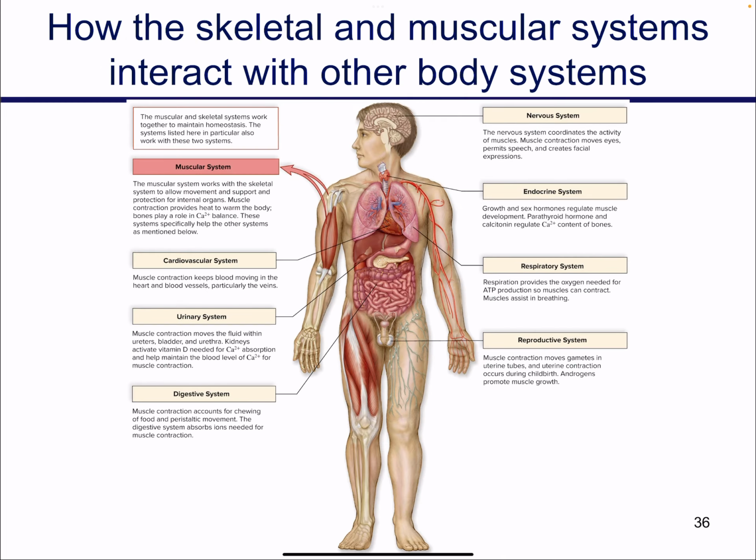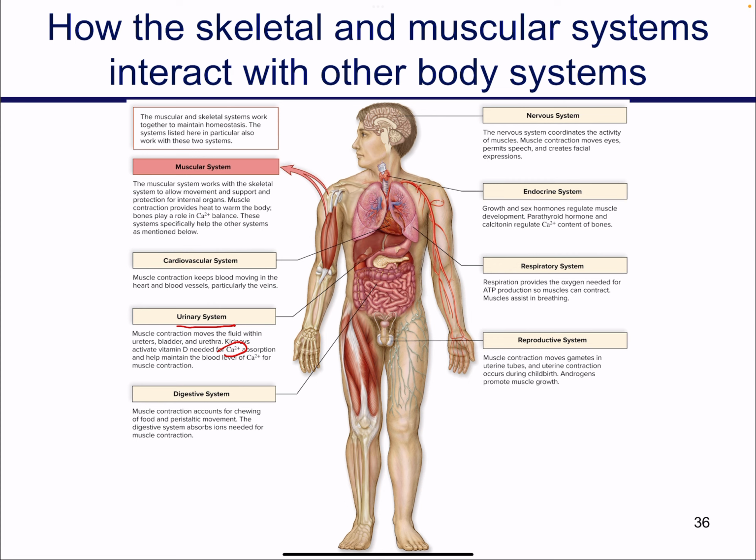So let me go to the last slide and check some of the things I have not mentioned. I told you about the urinary system, right? Working alongside the muscular system and the skeletal system for calcium, right?